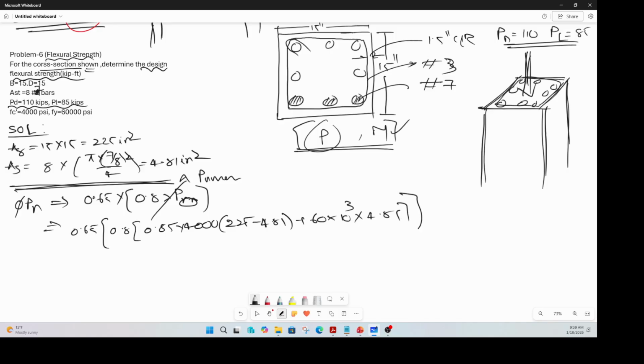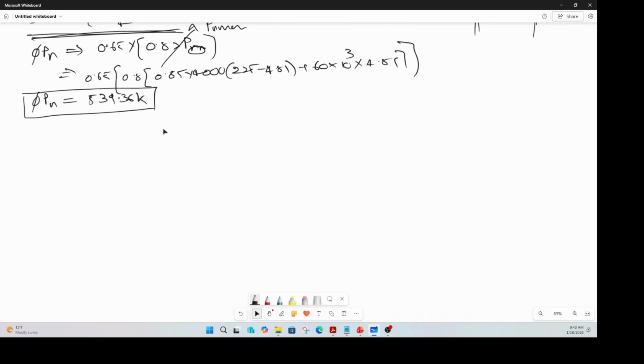Okay, so you calculate that, and that is your phi Pn, the design axial strength of the column, 539.36 kips. Okay, you do that and you calculate your flexural strength.